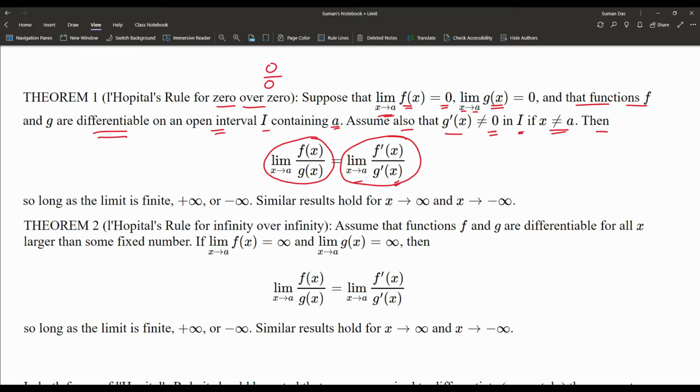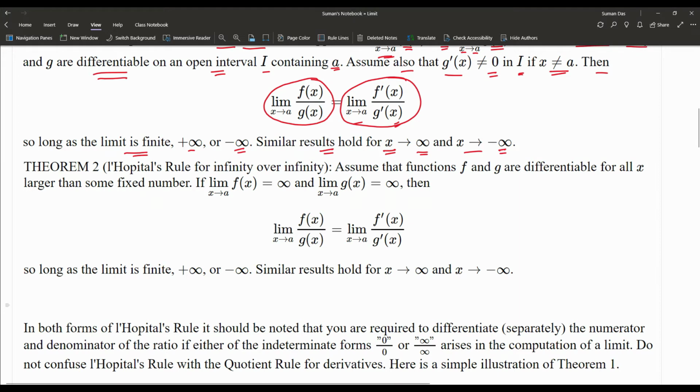As long as the limit is finite, plus infinity or minus infinity. Similar results also hold for x tends to infinity and x tends to minus infinity. And the second theorem, as we have said, is broad, not just for 0 by 0. That means L'Hopital's rule for infinity over infinity. Assume that the functions f and g are differentiable, once again, for all x larger than some fixed number.